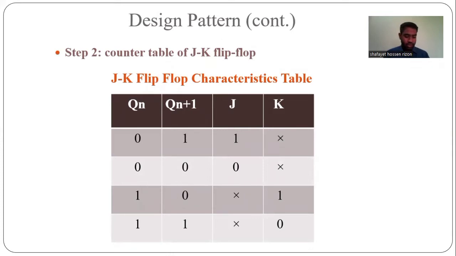When Qn and Qn plus 1 are both 0, it represents JK values 0 and don't care. For the third case, JK values are don't care and 1, and the last case represents again don't care and K value 0. Now next slide, discuss next member.